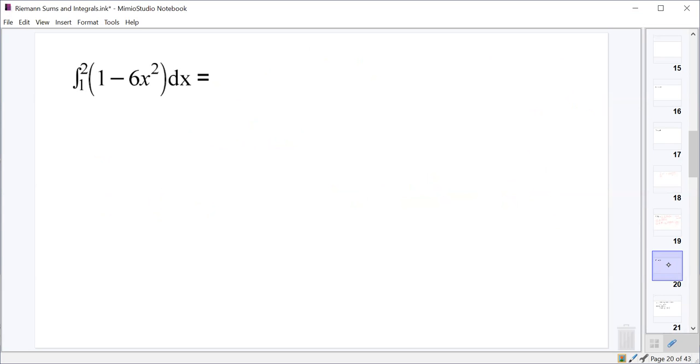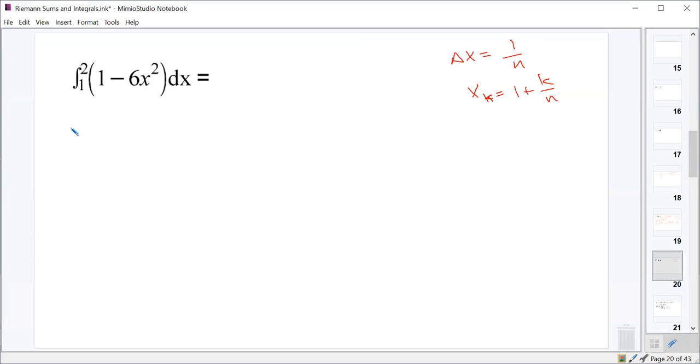So we'll do it. So what is delta x going to be for this one? 1 over n. And what is x sub k going to be? 1 plus k over n, sorry. All right. 1 plus k over n.